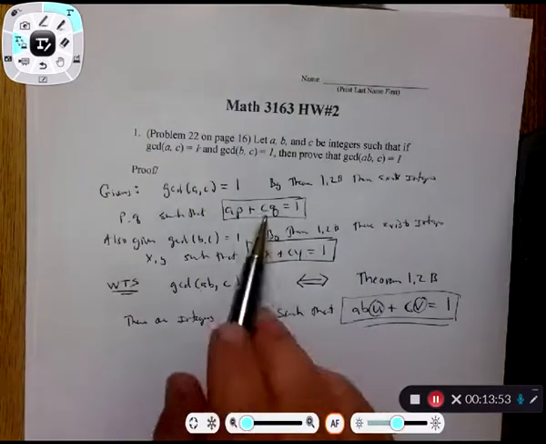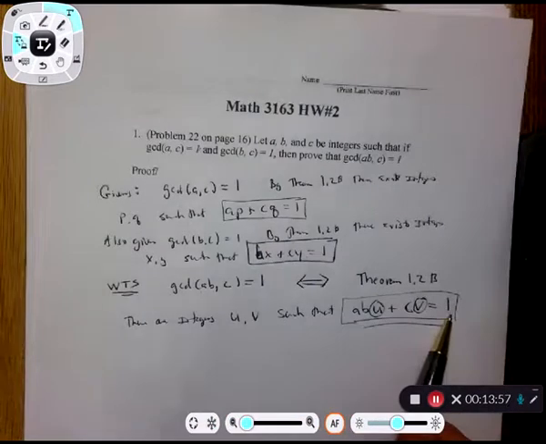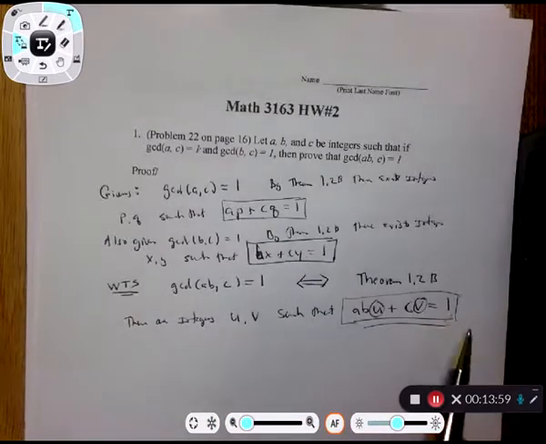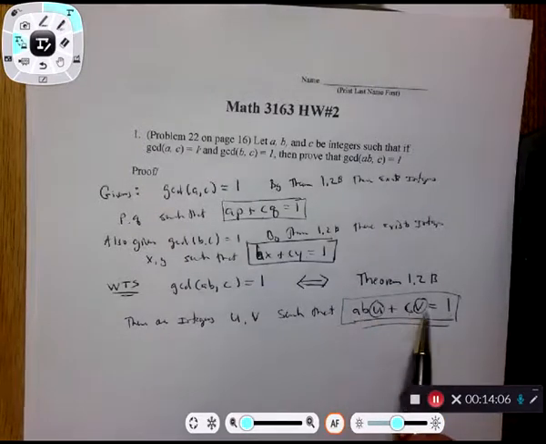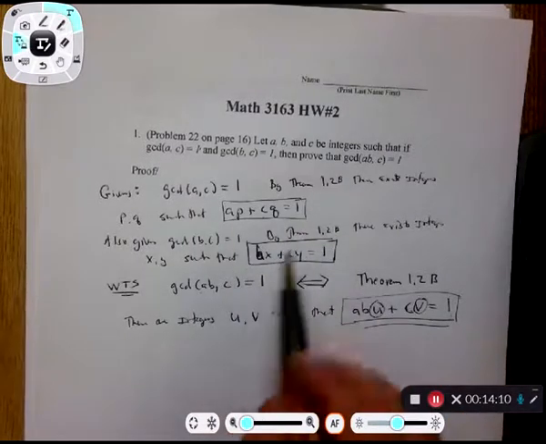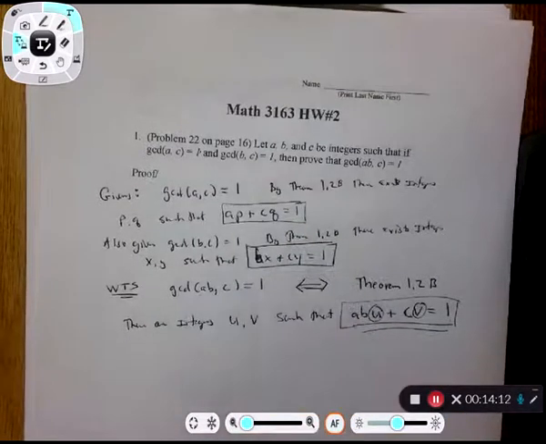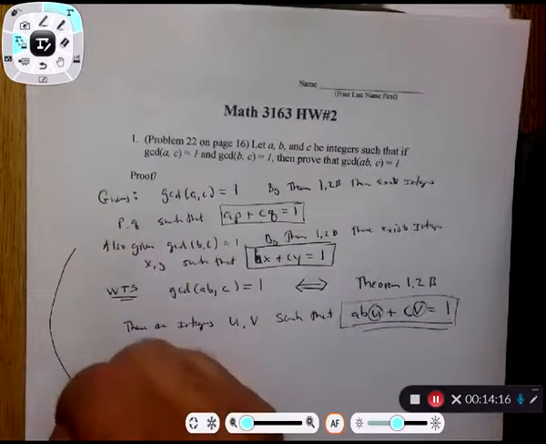I got to manipulate these two equations to get this equation. And the real hint is going to be, well, I still want it equal to 1, but I want an A times B with an integer and a C with an integer. Well, if I do basically 1 times 1 equals 1, I can put these equations together. And so here's your last hint on this one.